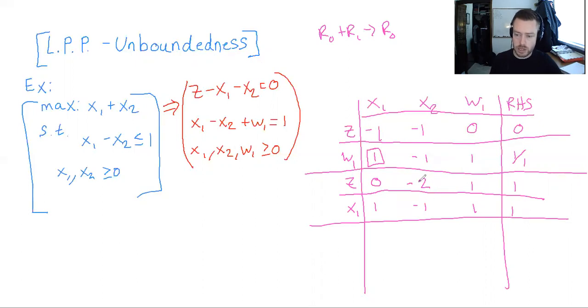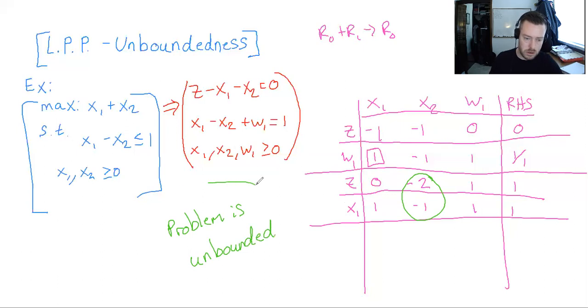Because this entire column is negative and there are no other numbers to use as a pivot, this tells us that our problem is unbounded. Cool. So at that point, you would just stop, and there's nothing more you can do. And so that is solving a linear programming problem when it's unbounded.